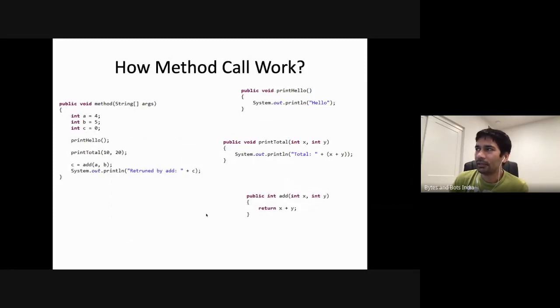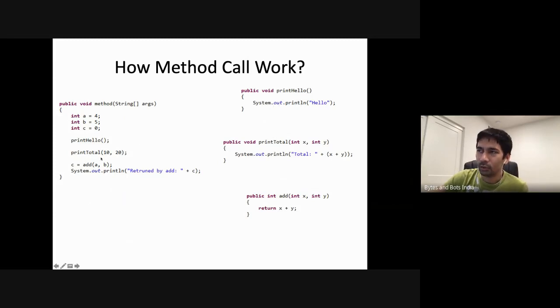So let's say there's a method which takes string as a parameter, and let's say it has three variables, a, b, and c, and then it prints hello. So print hello is another function on the top right here, and the only thing it does is it just prints hello.